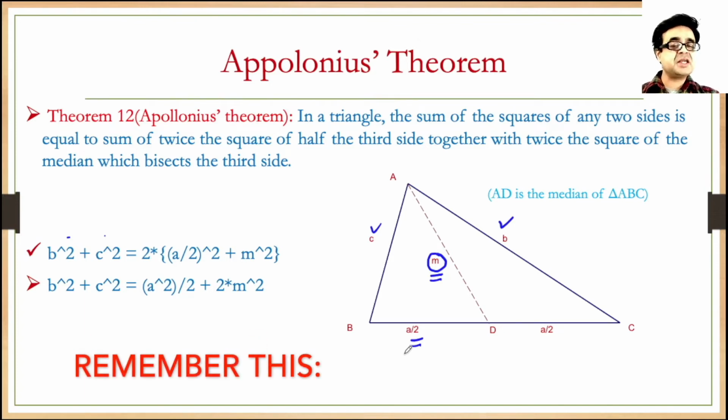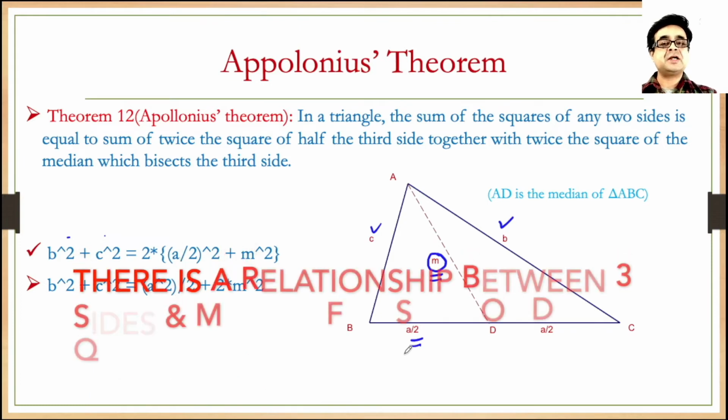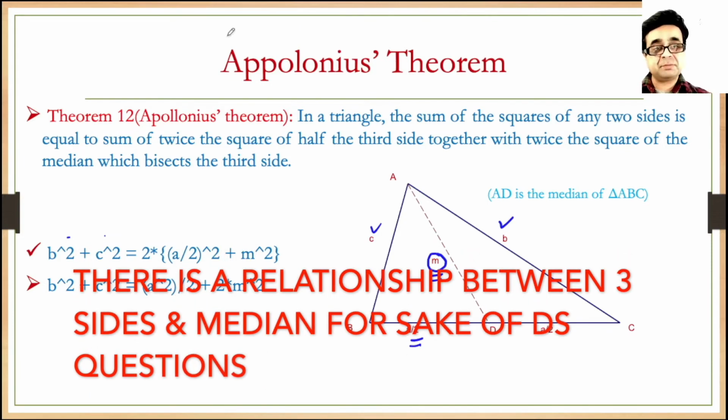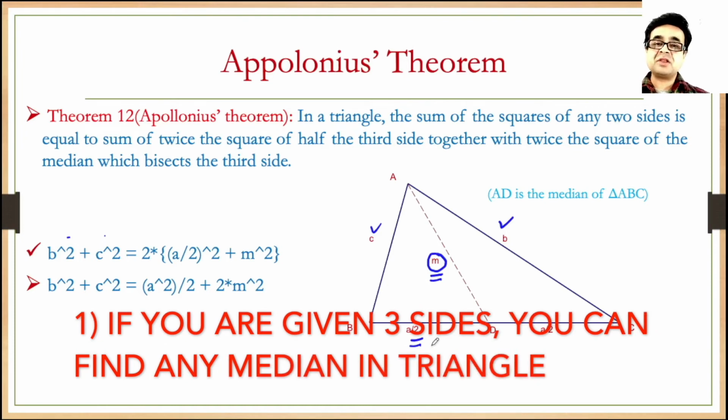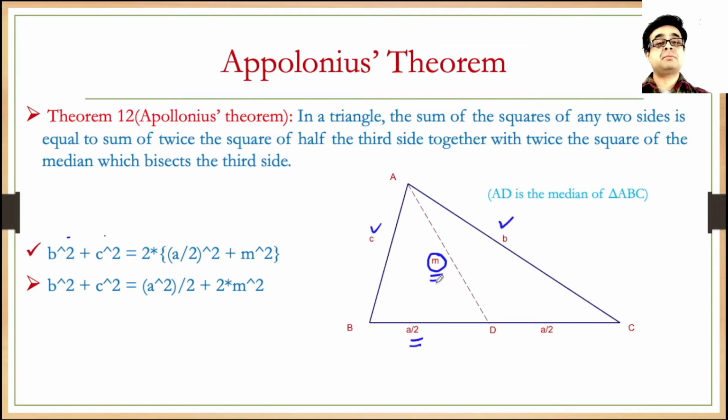If there is one thing I would like you to remember, it is that there is a relationship between these two sides, the opposite side and the median. So in a data sufficiency question, for example, if you're given the 3 sides, you are likely going to be able to figure out the median from one side to the other side because of this relationship. And that, I think, is the important takeaway.